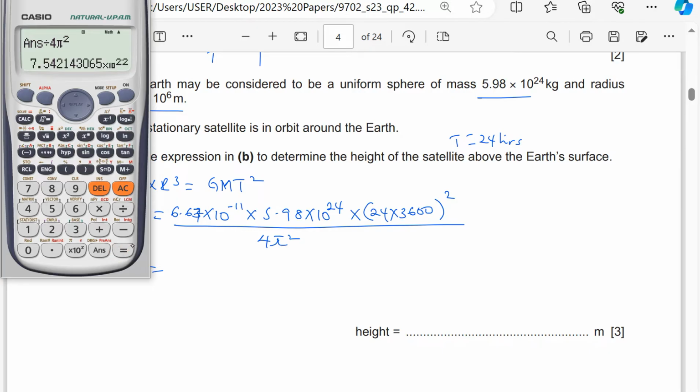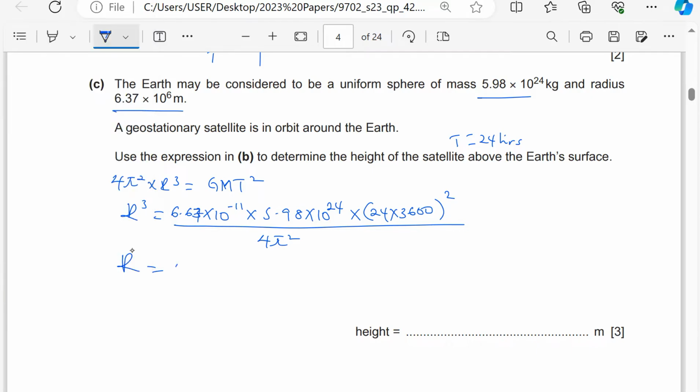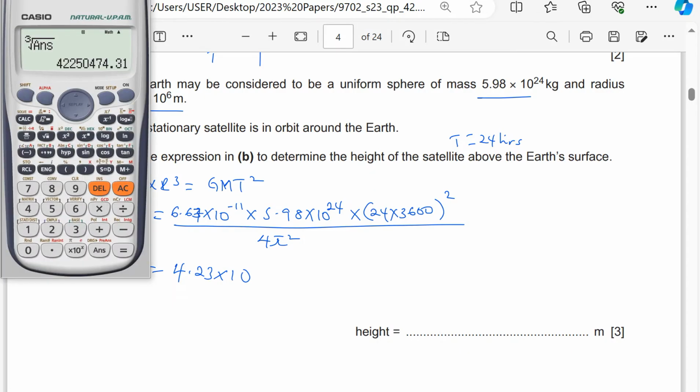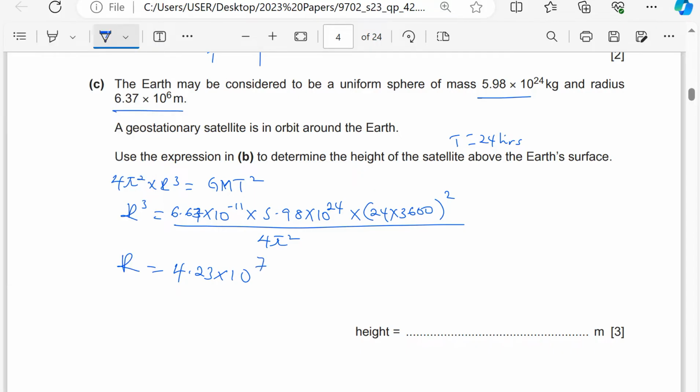Then I get the cube root of the answer. So this is 4.23 times 10 to the power of 7. So that is the radius.